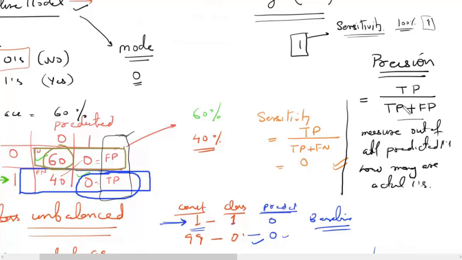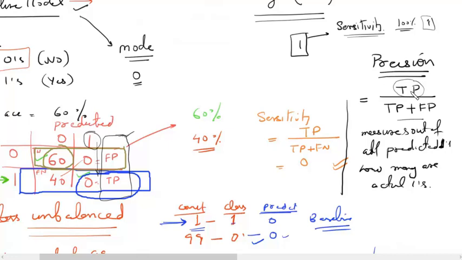You can see the denominator is all predicted ones. This is the denominator, the column sum, which is the predicted ones. This column is all predicted ones. So it measures, out of all predicted ones, how many are actual ones. The true positive measures the actual ones. So out of all total predicted ones, how many are actual ones.